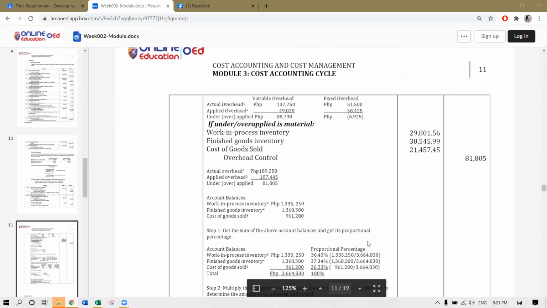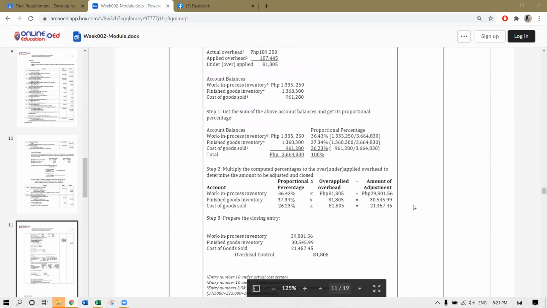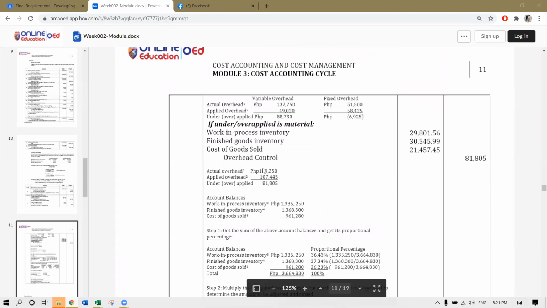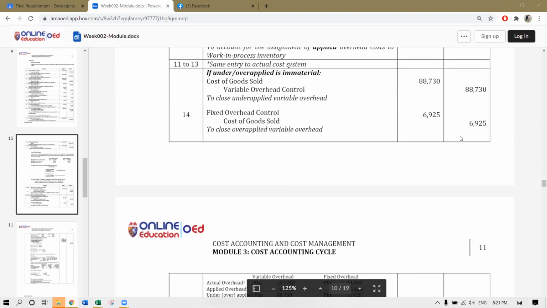Is it over applied overhead? 81,801? What is that 81? 81,805. Why 81,805? The sum of them is equal: 88,730 minus 6,925 is 81,805.